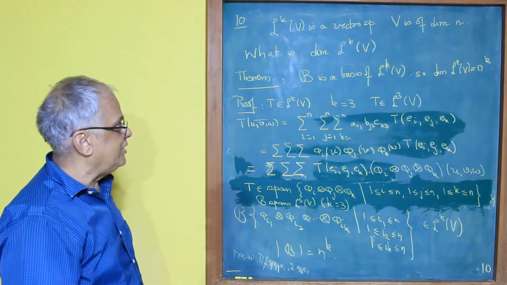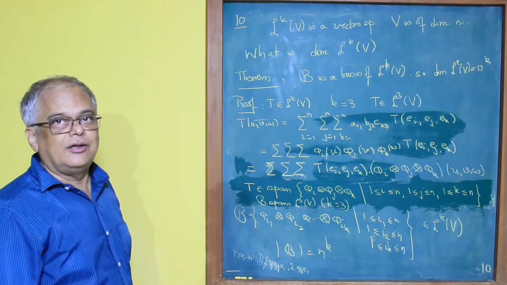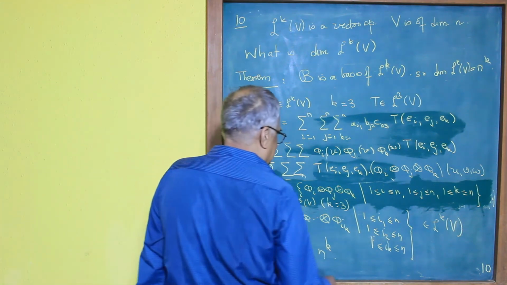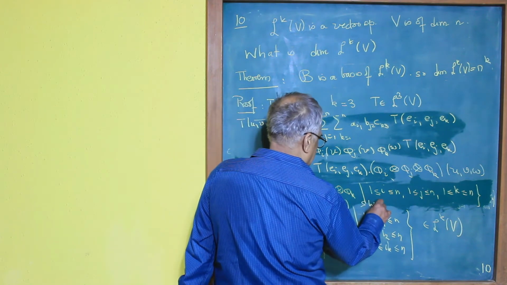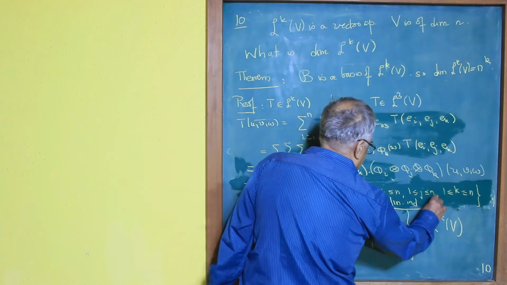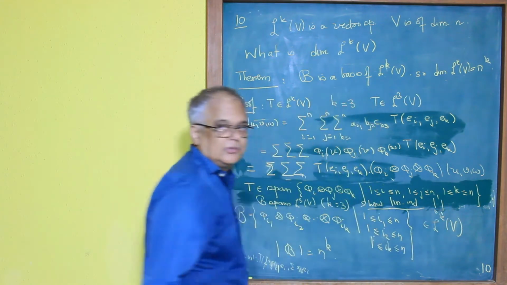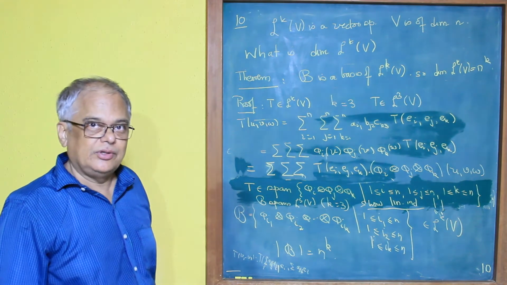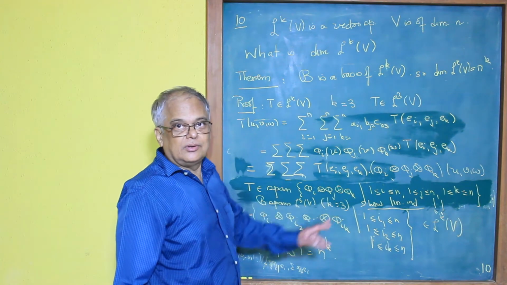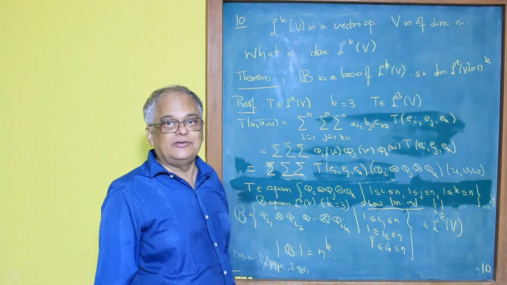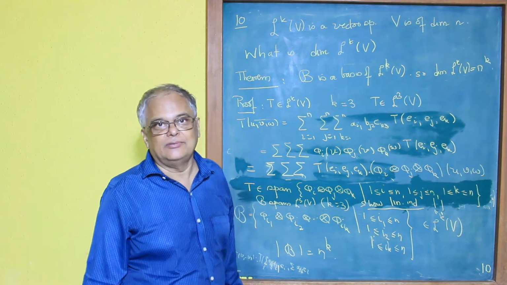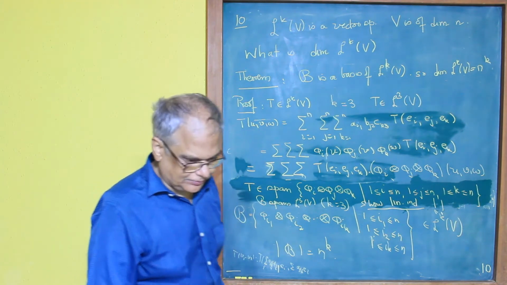If B spans L^k(V), the exercise is to show that B is linearly independent. This is something you should do. How will you do this? You will be doing this by taking a linear combination of these, evaluating it at a certain vector, and showing that all the coefficients will be 0 successively. So we'll talk about that later. Stop here.